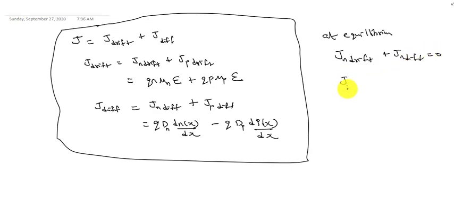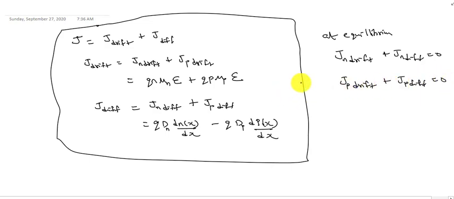Similarly, Jp drift plus Jp diffusion is equal to 0. So these are the two equilibrium conditions: the electron drift current plus electron diffusion current, and the hole drift current plus hole diffusion current will be equal to 0.